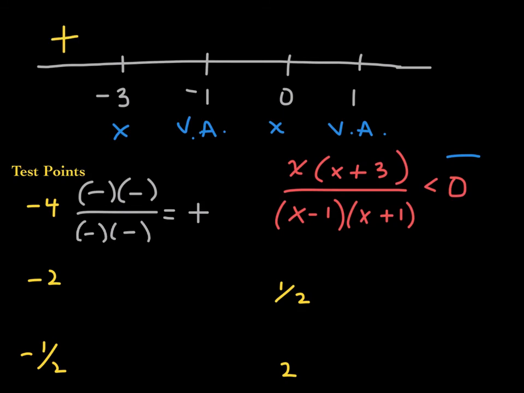That means to the left of -3, the graph will be above the x-axis. Let's go for -2 now. Plug -2 right here, this will be negative. And when you plug -2 in here, this will be positive. Negative and then a positive.